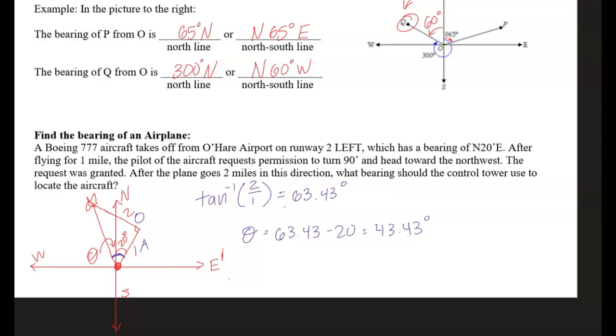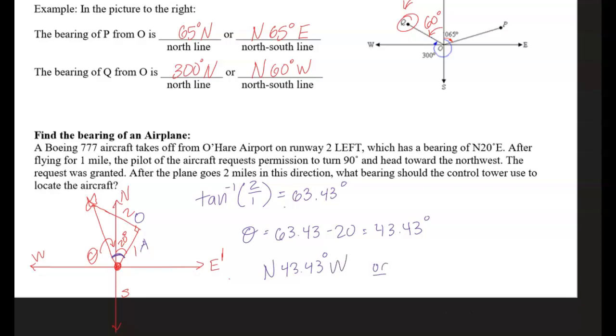Now we'll practice writing this both ways. First, we'll do from the north-south line, which is always an acute angle. So we're north, 43.43 degrees, headed towards the west. So we put west.